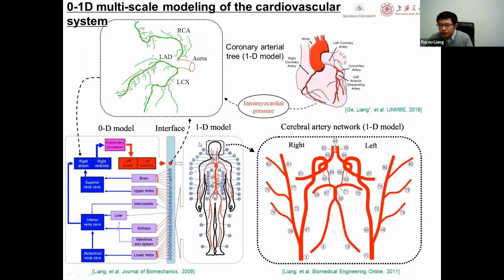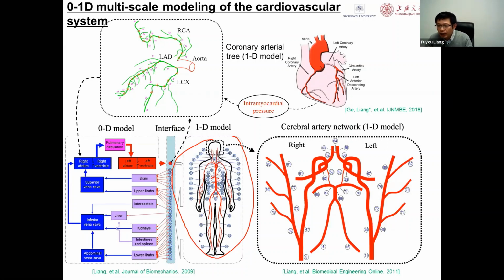We represent the arterial tree, as you can see here, consisting of about 55 large arteries with a one-dimensional model, which has been proved to be well suited for the description of wave propagation phenomena.